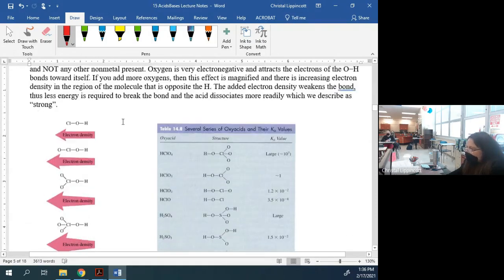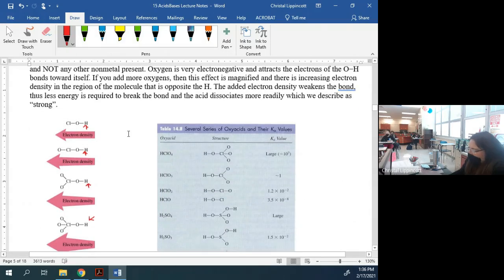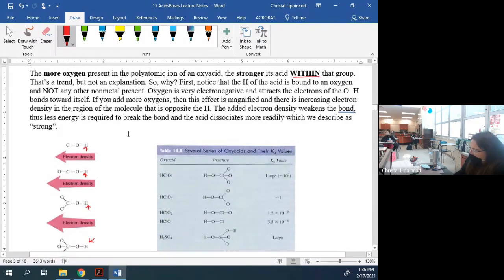So within that group, trend. First notice the hydrogen of the acid is bound to an oxygen, not to any other non-metal. So here is your hydrogen that you're going to lose. Oxygen is very electronegative.